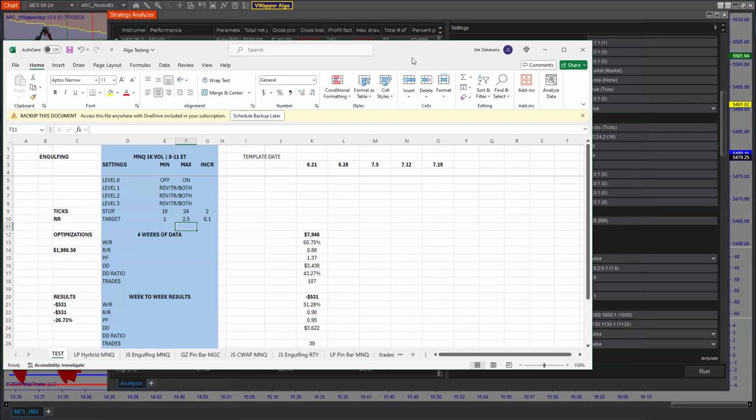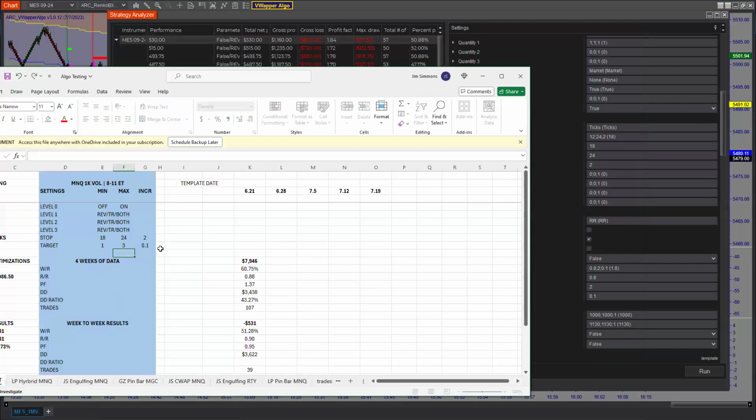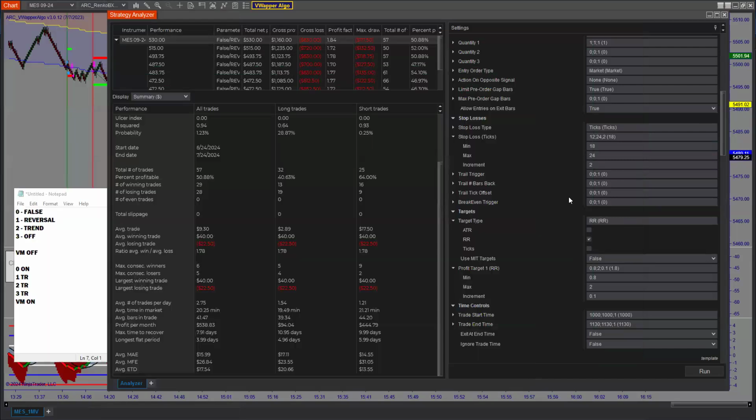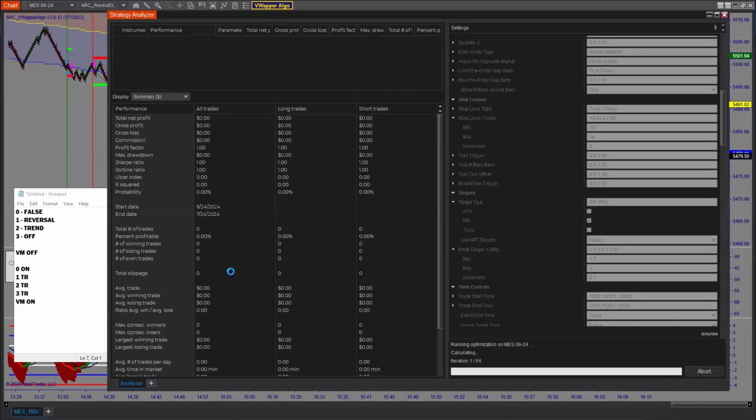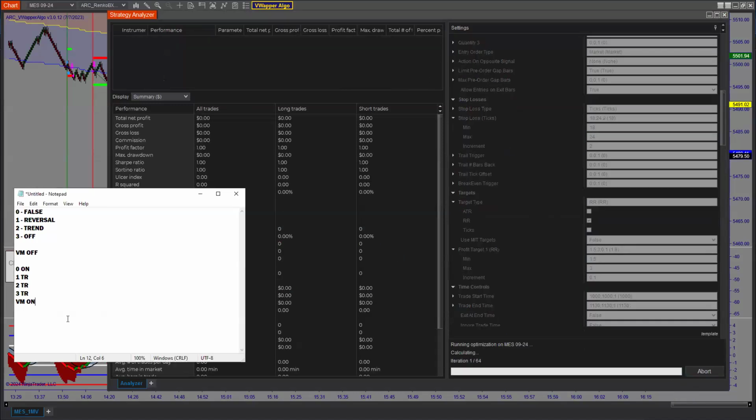I mean, might as well. Let's go to 3. See what that looks like. So let's update it. 18 to 24. And then let's go 1.5, just because we know in this case that anything below that wasn't really cutting it anyway. So let's run it this way. See what we get.